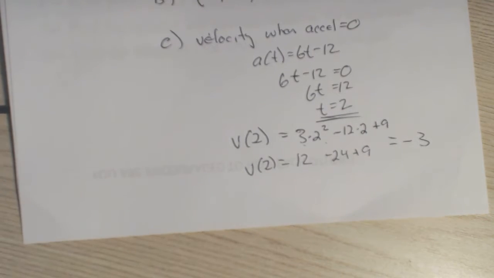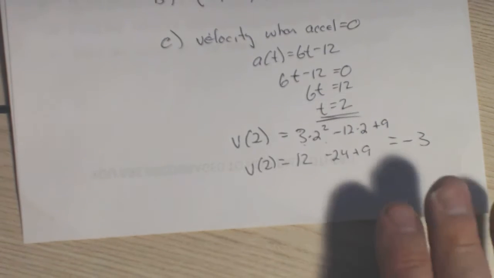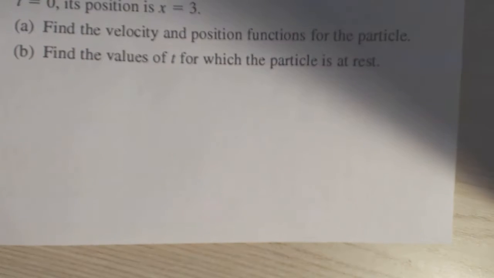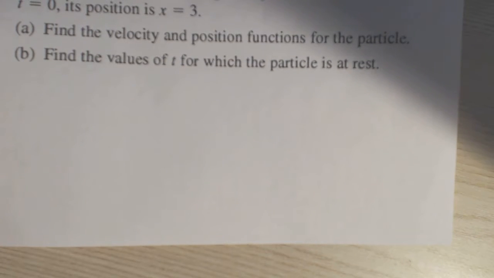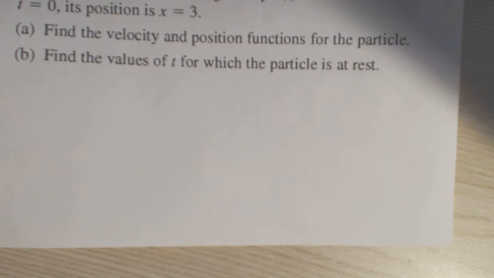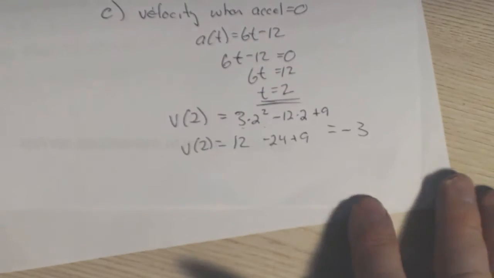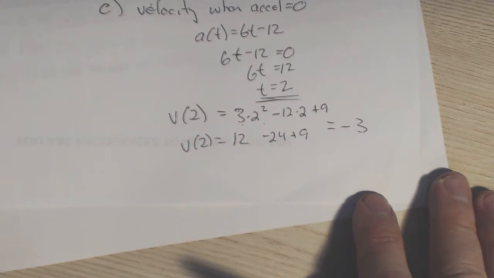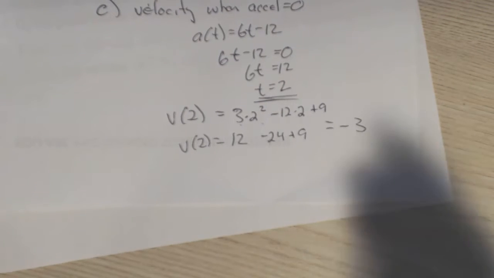And what negative 3 means, it's moving 3, and I don't see the units here on this guy. Okay, I don't see any units, so it would be like centimeters per second or something like that.